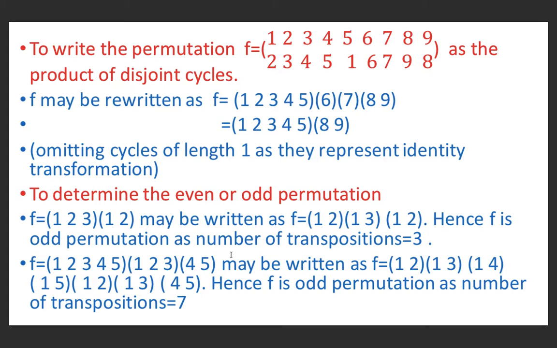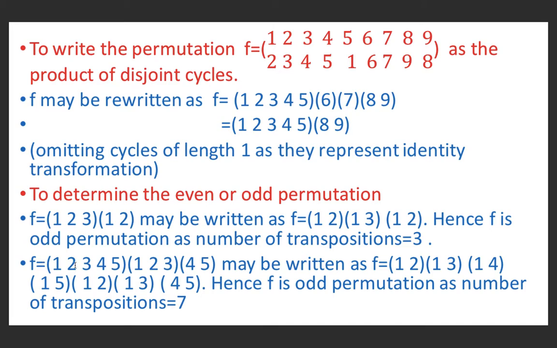Now how to determine even or odd permutations? If f = (1, 2, 3)(1, 2), we may rewrite it as f = (1, 2)(1, 3)(1, 2). Hence f is an odd permutation as the number of transpositions is equal to 3.